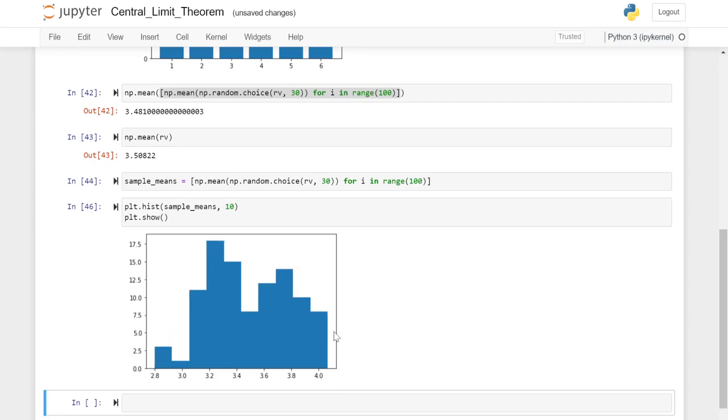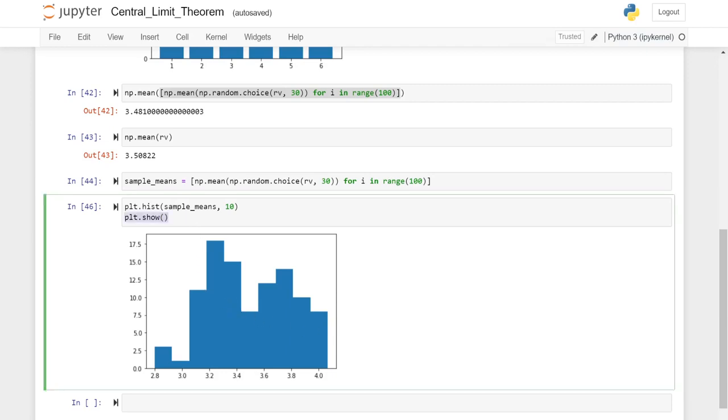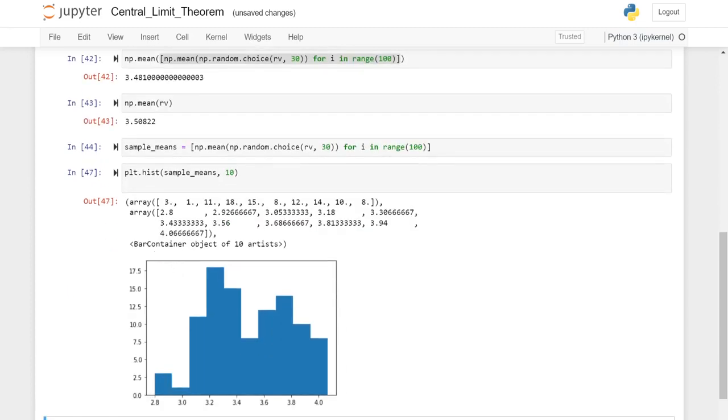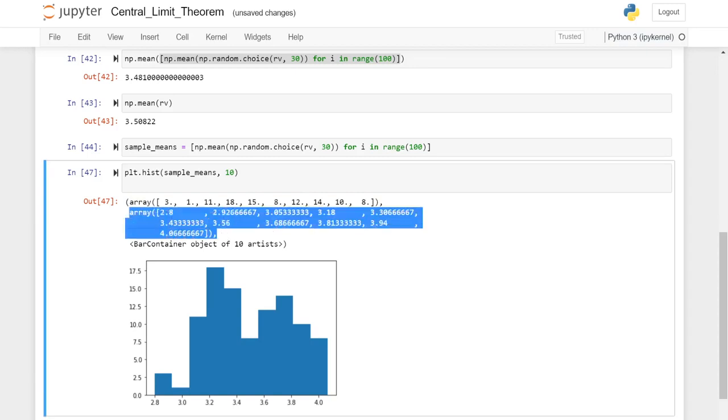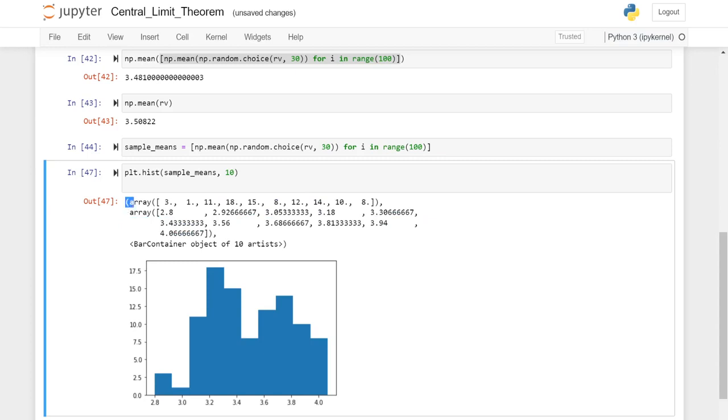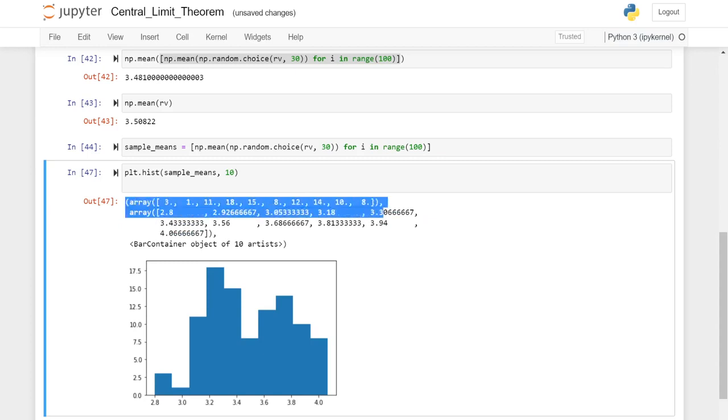To do that, what we will do? We will say y is equal to, see, when we say plt.hist, see what happens. There are two variables. This is one list, the other is this. We can call this y0 and we can call this y1.